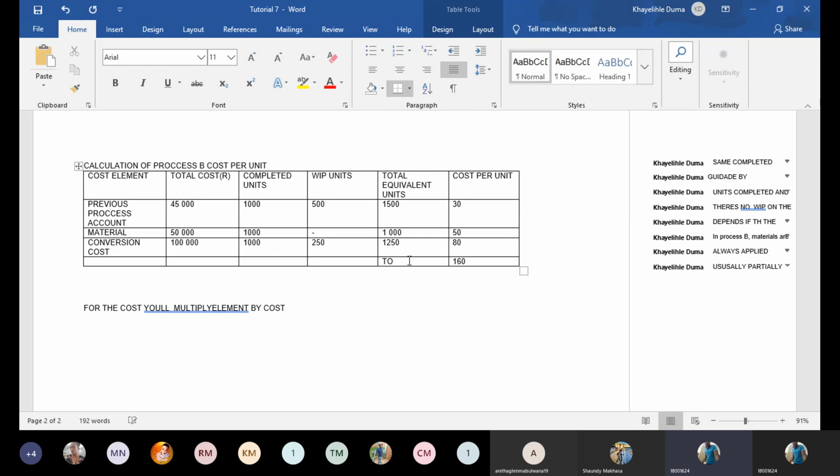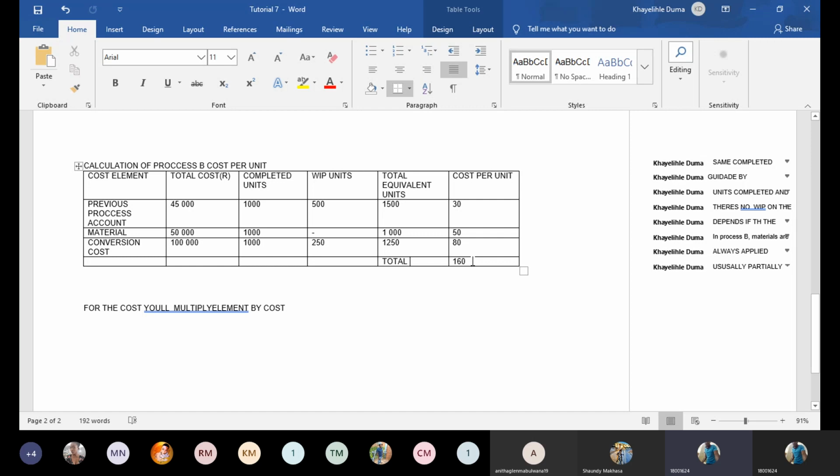Then I said that you will multiply this cost per unit by the units. How many units were produced and finished? They are 1,000. There you have it. Then if you want the completed units, you'll say completed units multiplied by the cost per unit. Then you'll get the amount.